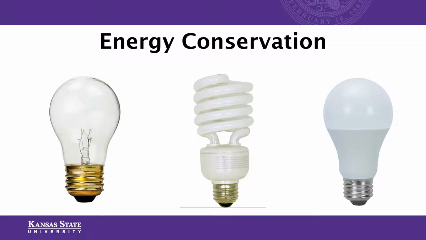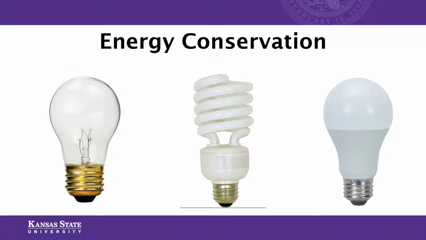All of these types of lights produce the same amount of light, but they use radically different amounts of energy. Incandescent bulbs, what we had in the 80s and before, use about 4 times as much energy as the compact fluorescent bulb, which in turn uses about twice as much energy as the LED bulb.